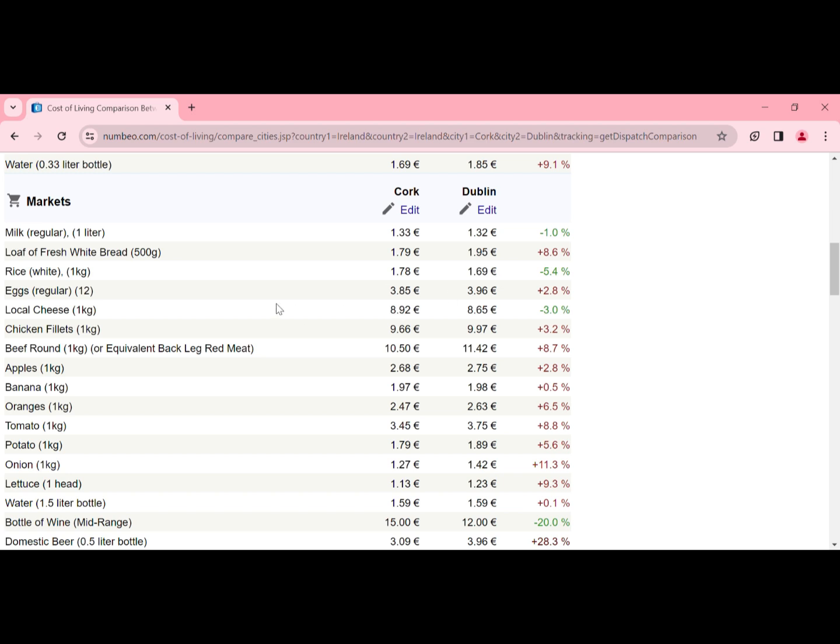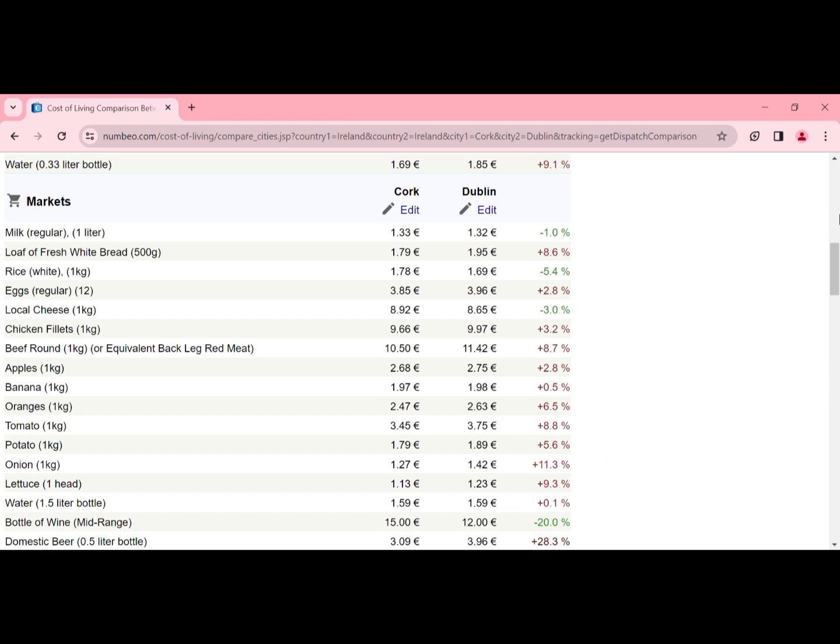And then we have a crate of 12 regular eggs, 3.85 in Cork and then 3.96 in Dublin. So we have cheese, chicken fillet, but mostly we can see that it's more expensive.